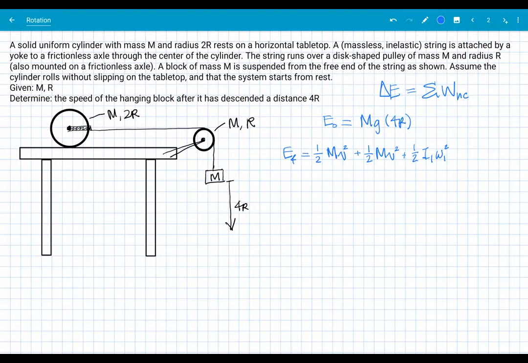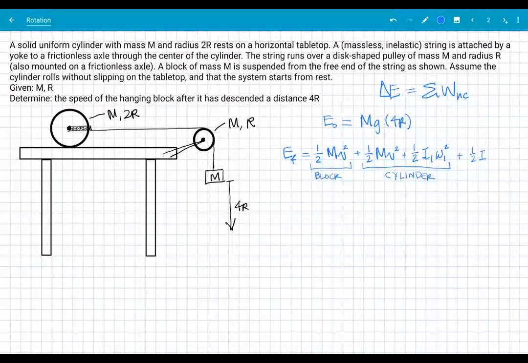Just to keep track of things, this is the block. These two terms are for the cylinder. And then I have the pulley. The pulley is not translating, it's held in place, but it is rotating. So I have rotational kinetic energy here.